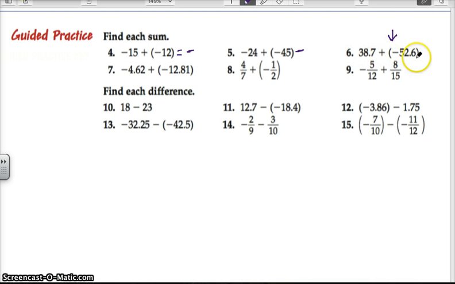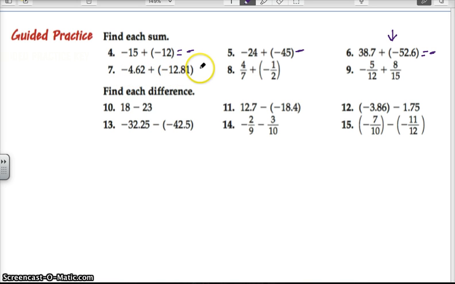It's like the number that's the furthest from 0 will have the most power over the problem. So this negative 52.9 tells me that my answer is going to be negative, but instead of adding the numbers like I do in these situations, I'm going to subtract. Got it? All right, hopefully this is making sense.